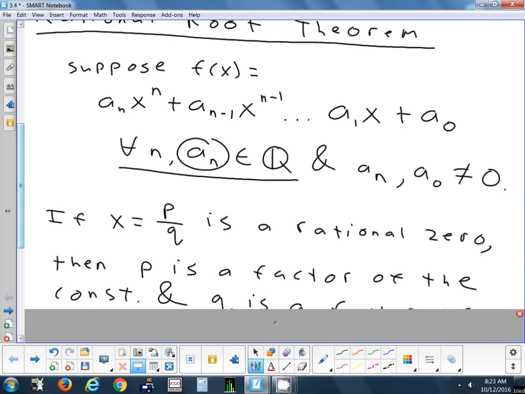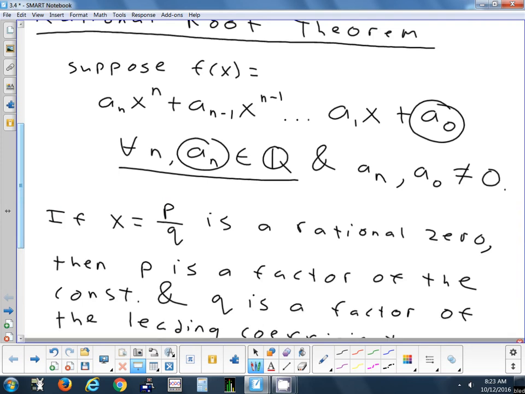P has to be a factor of the constant, and q is a factor of the leading coefficient.